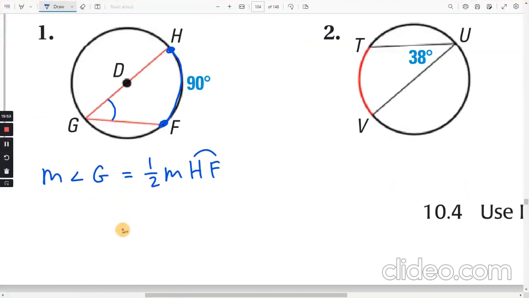So that's going to be 1/2. We can see HF is 90. And of course, half of 90 is 45 degrees.